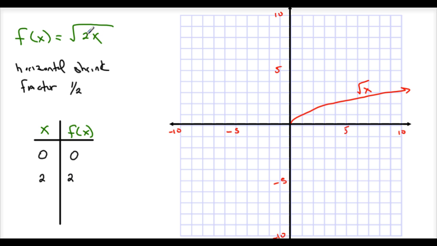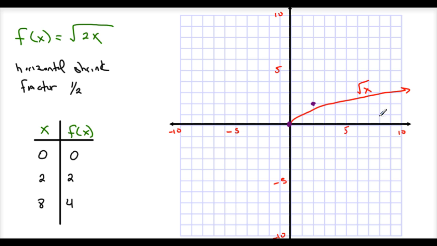What else can I use? 8. 8 would also work. 2 times 8 is 16. Square root of 16 is 4. So I got 3 coordinates here. I'm going to use those to plot. So we got 0, 0. We got 2, 2.